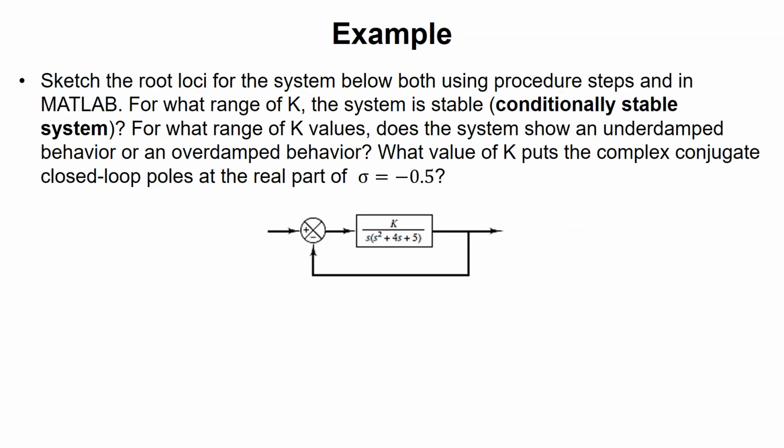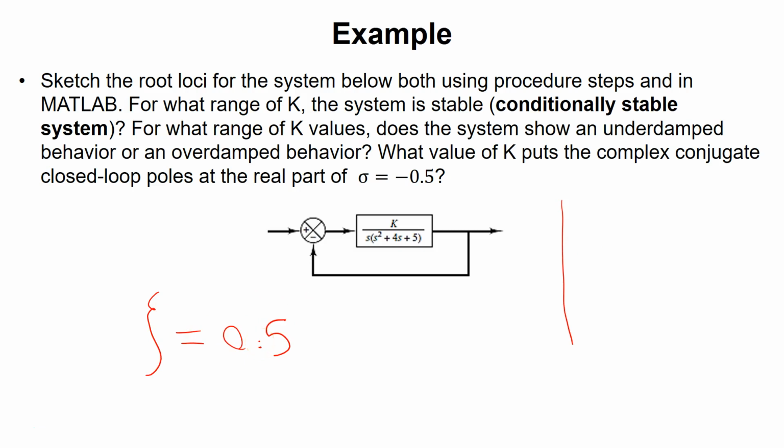Okay, why are these important? Because if we go back and look at this example, what is the example asking? This is a little different, but many times we'll see, in this case, it's different. We need the location of constant sigma, which is going to be a vertical line. But many times it says, find the value of K that will set the damping ratio of the system at just some number, let's say 0.5, right?